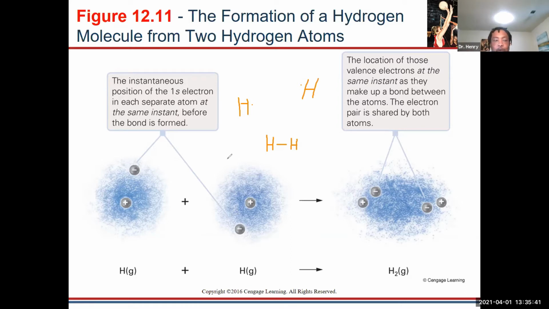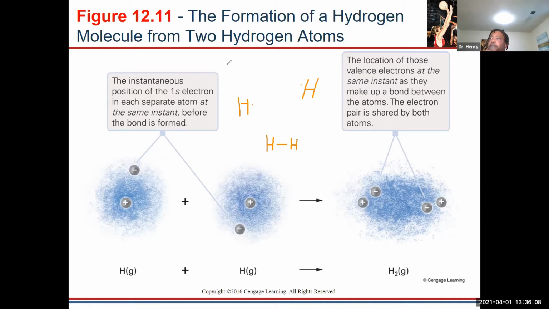You're not going to use the ones in the core because they're already occupied, they're happy, they're stable. You don't want to mess with something that's already good. If it ain't broken, don't fix it, right? So you leave those guys alone and only use the ones that are out there on their own. Those are the ones you use for bonding.